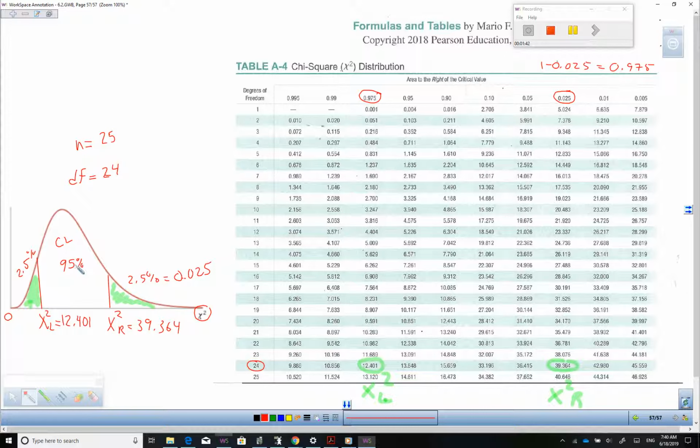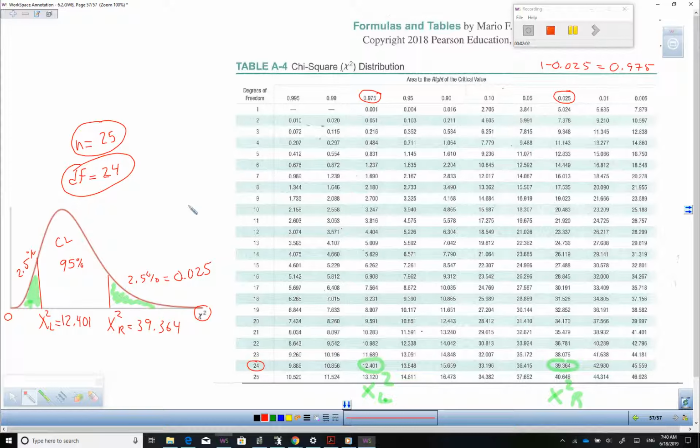That means we have 2.5% on the left and 2.5% on the right. The sample size is 25 and degrees of freedom is 25 minus 1.